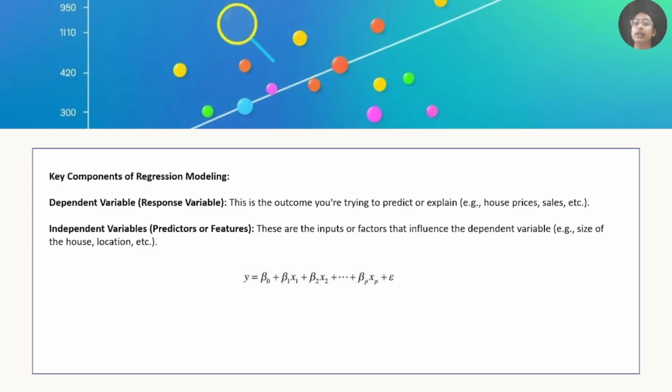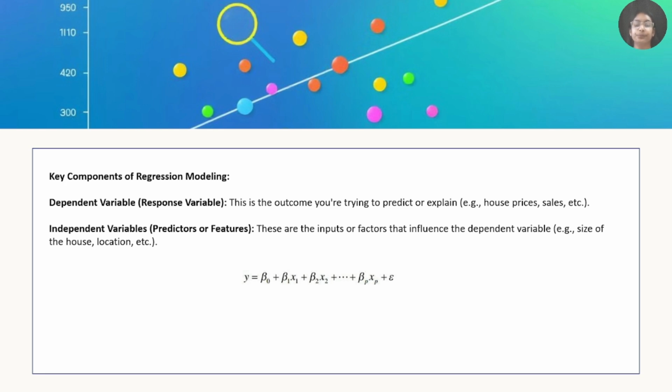Now let's have a look at what we were talking about in mathematical terms. There are two key components of regression modeling: the dependent variable and the independent variables. The dependent variable is also known as the response variable, and the independent variables are also known as predictors or features.